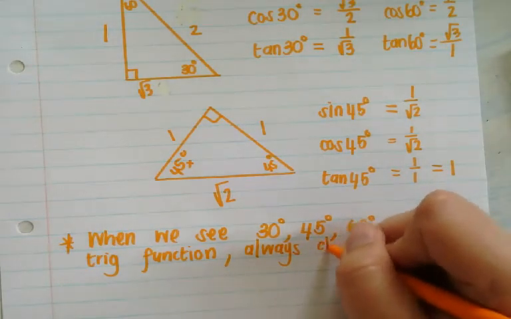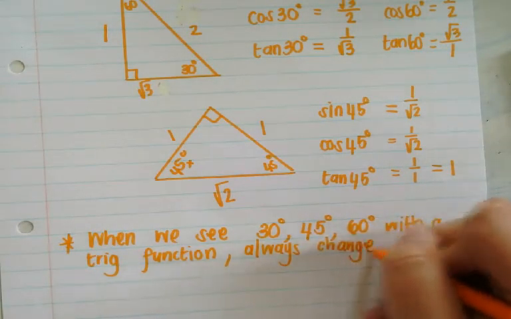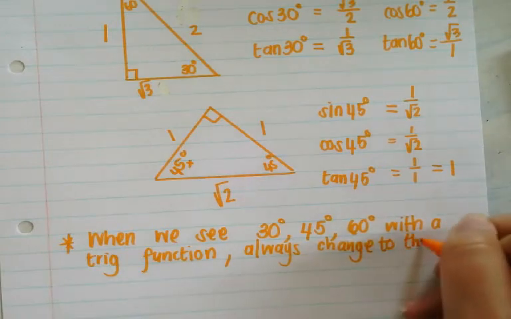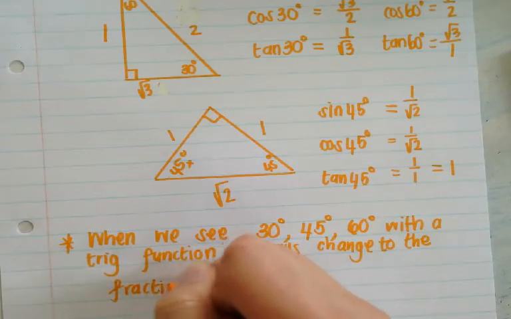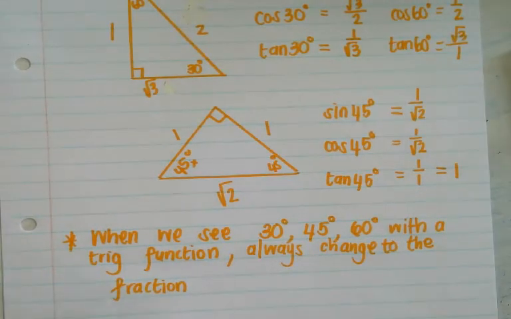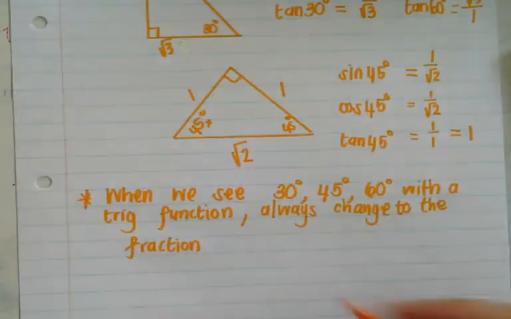Always. When we see the 30, 45, 60 with the trig function, always change to the fraction. How do I know what the fraction is? Check on your calculator. For now, but eventually we need to learn it.